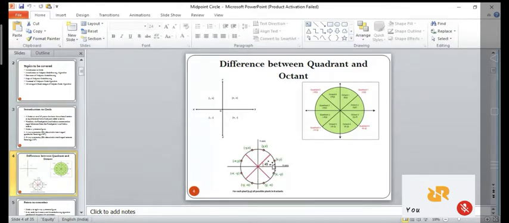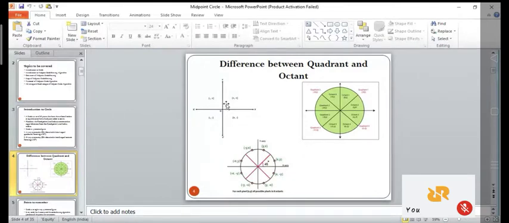One more thing: all the coordinates of these octants depend on which quadrant that particular octant is lying in. The sign conventions are decided based on the diagram that we had seen.